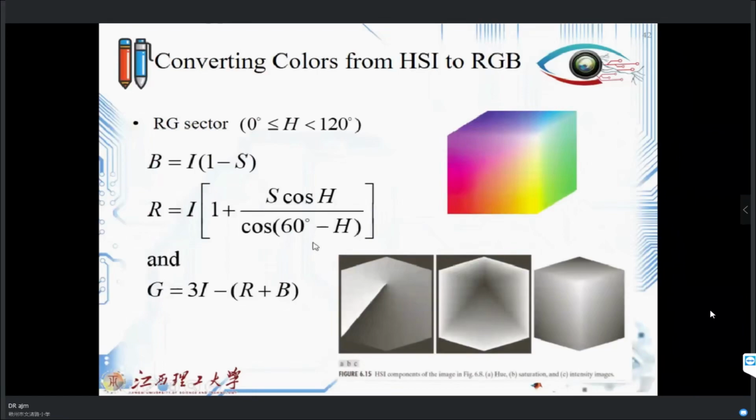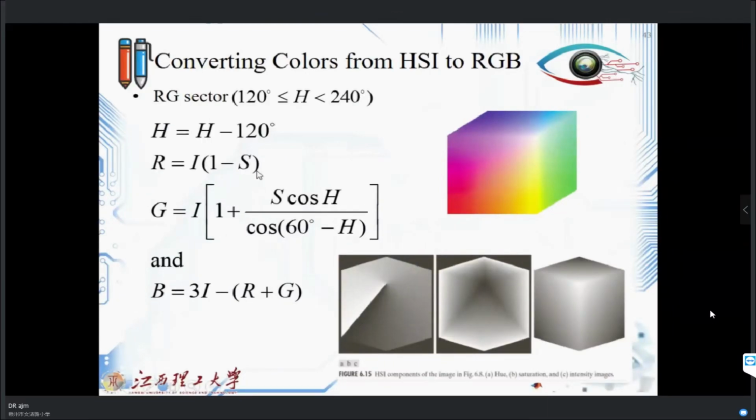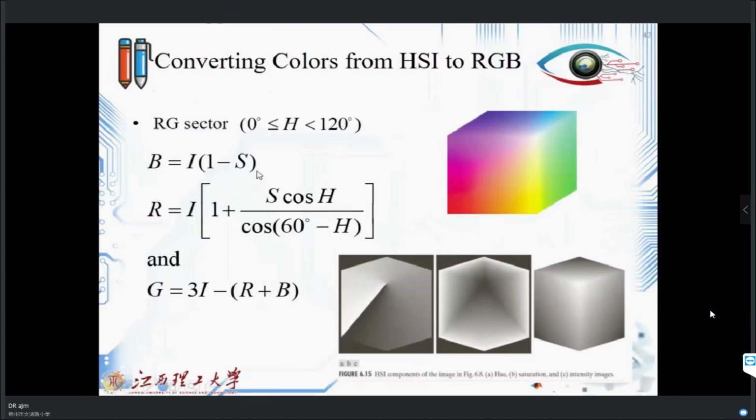Then simply, if I want to convert HSI to RGB, we can get the formula for the RGB sectors from this formula. Again here, the difference is that when H is between 0 and 120, the formula is this.